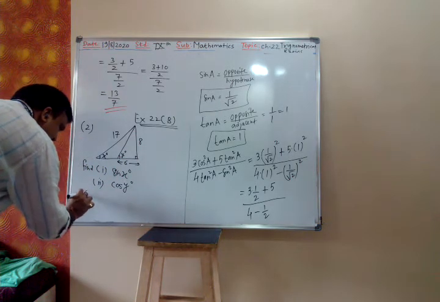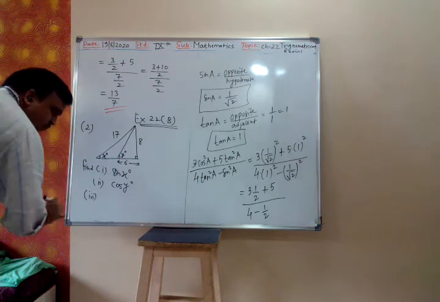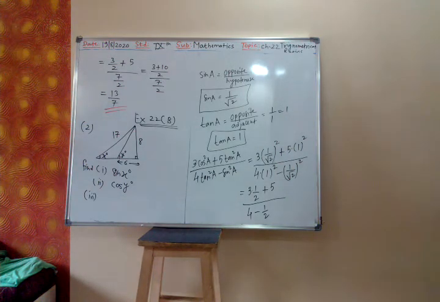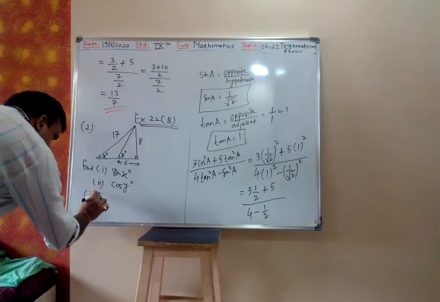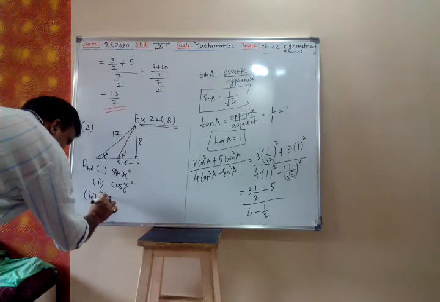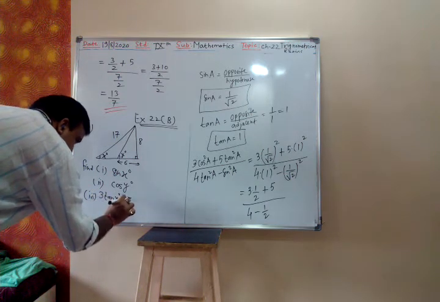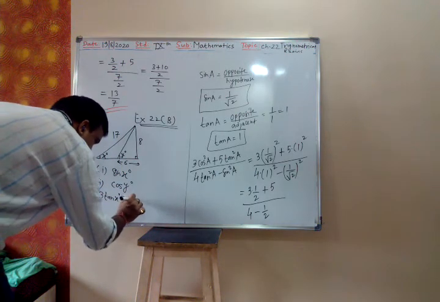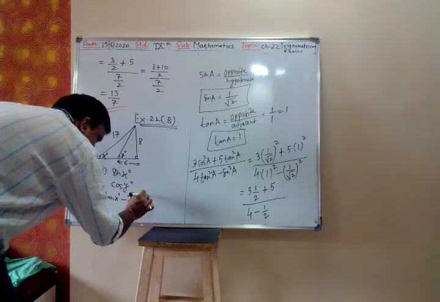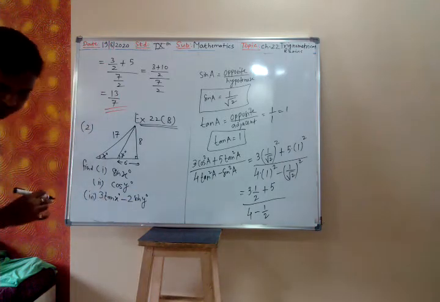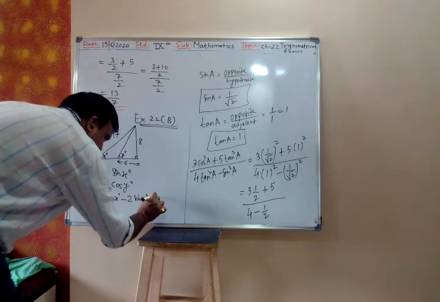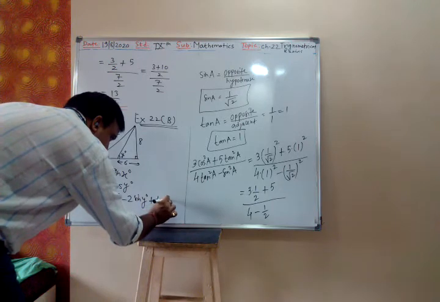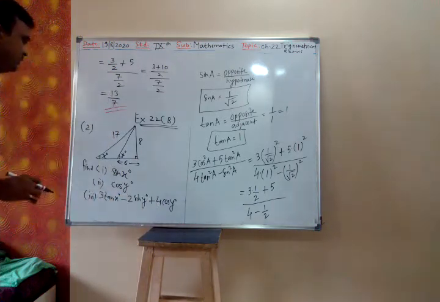And third, 3 tan x degree minus 2 sin y degree plus 4 cos y degree. This is what you have to find.